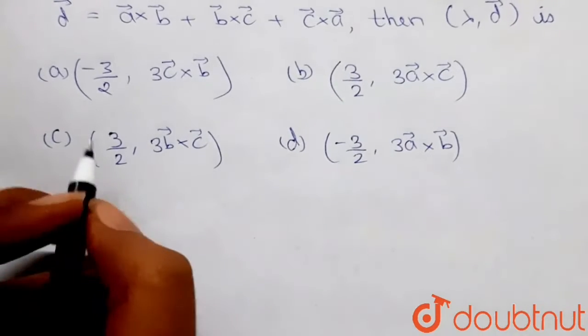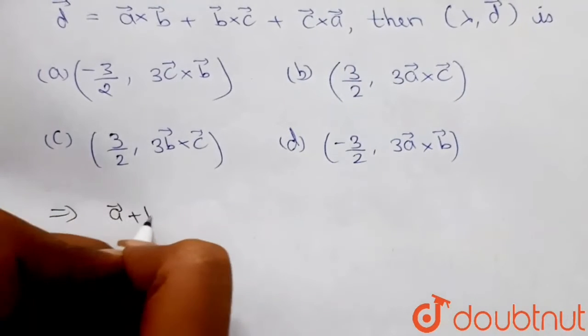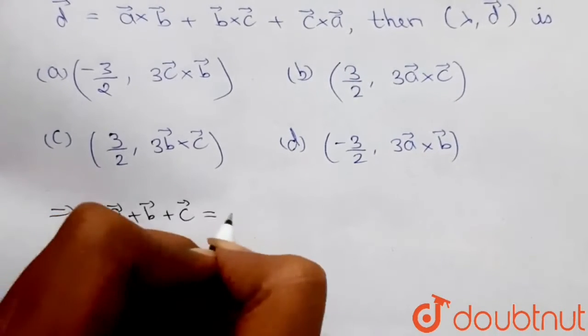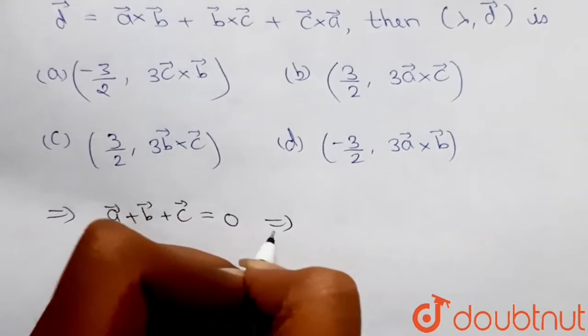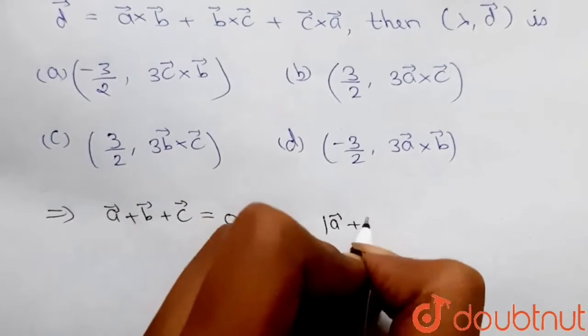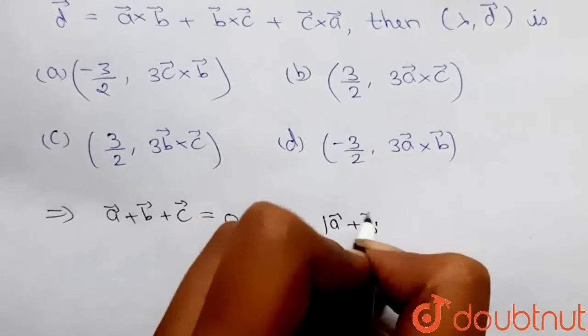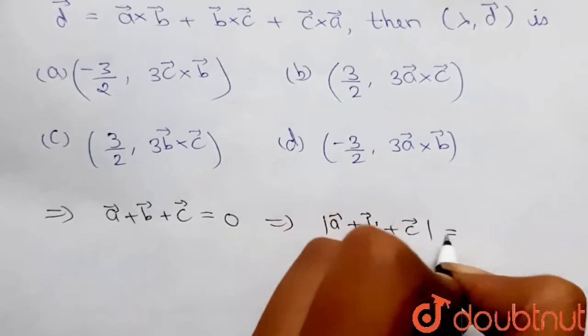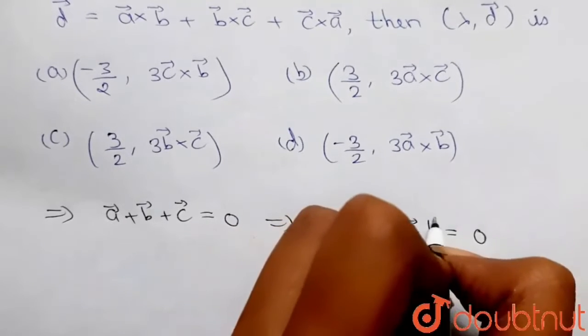Since it is given to us that vector A plus vector B plus vector C is equal to 0, that means the mod of vector A plus vector B plus vector C is equal to 0, right? So I can square both the sides here.